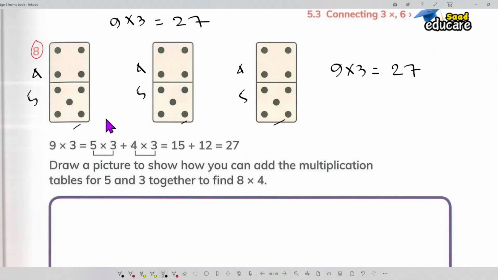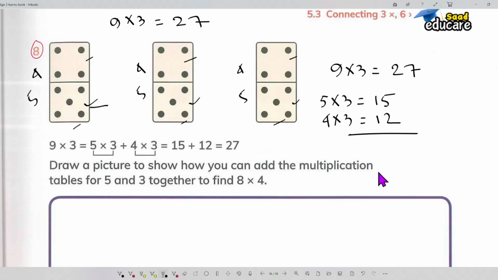We know this one. But look, here is 5 also 3 times, this is 5, this is 5, this is 5. So we can write 5 times 3, which is 15, and 4 also 3 times. So 4 times 3 will be 12. Once we add, it also becomes 27.